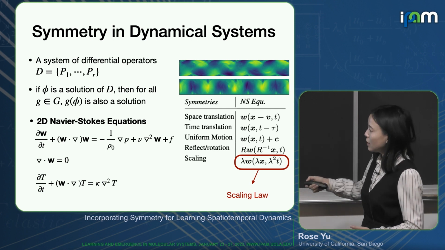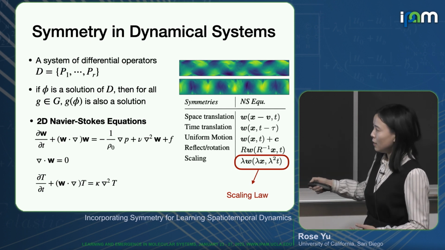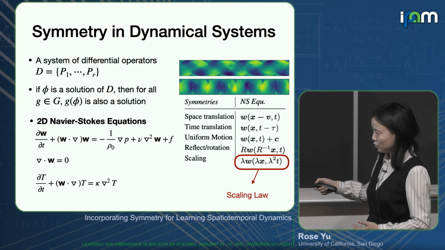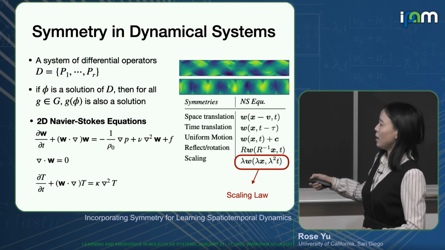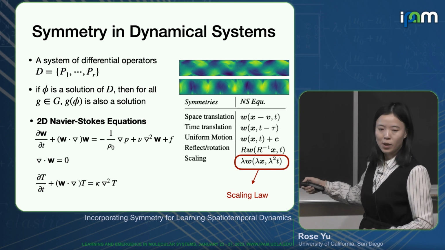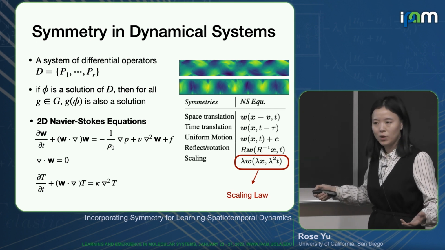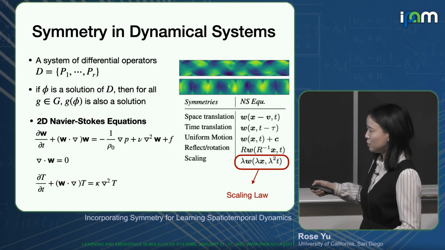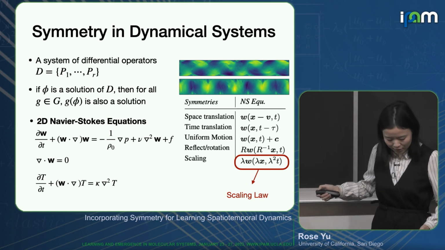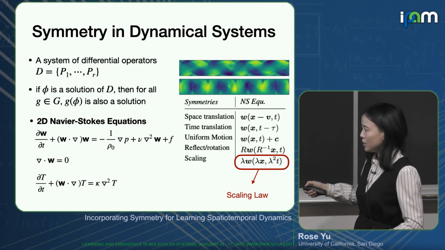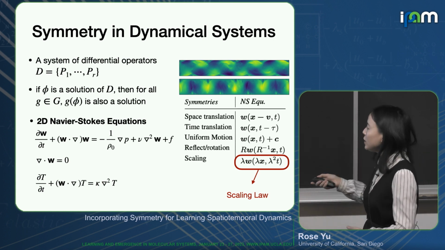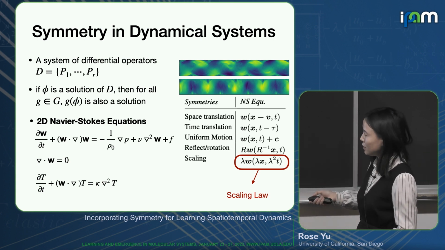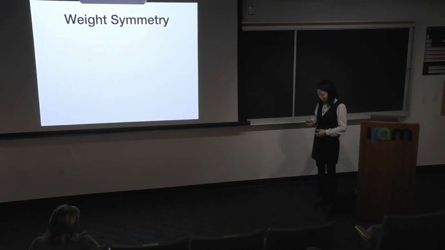The scaling law derives from here, and it looks a little bit interesting because when we scale the space by lambda, then the time actually needs to scale by lambda squared. In Navier-Stokes equations, people know this as the half space, quarter time law in turbulence. This encodes some unique knowledge of turbulence modeling, and we can put this into use for modeling turbulence with equivariant networks.